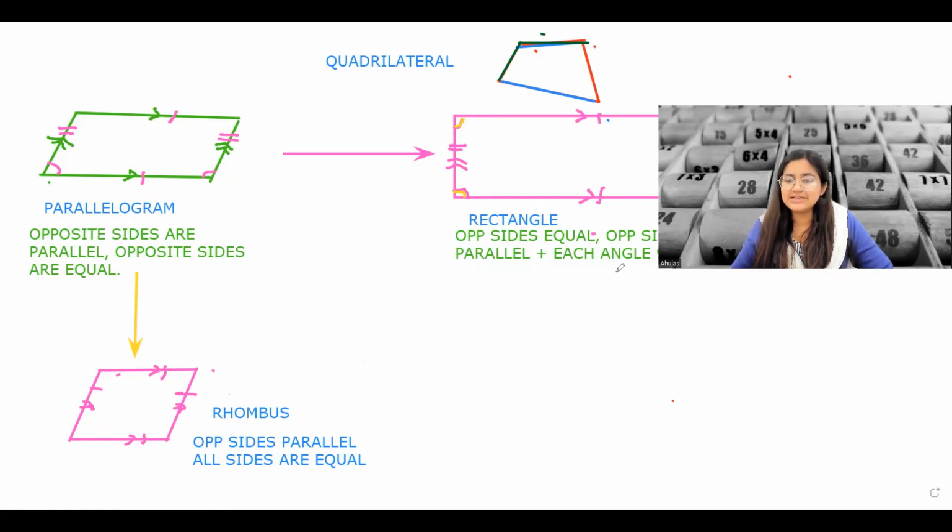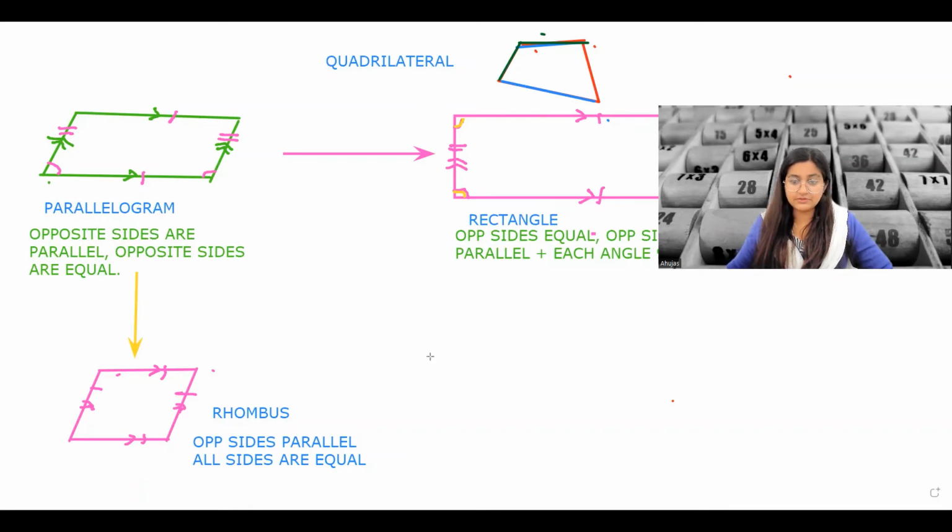Similarly, we will do it here also. We'll make all the sides equal of this quadrilateral, as well as make all the angles 90 degrees from here to here. All right, let's start doing it.